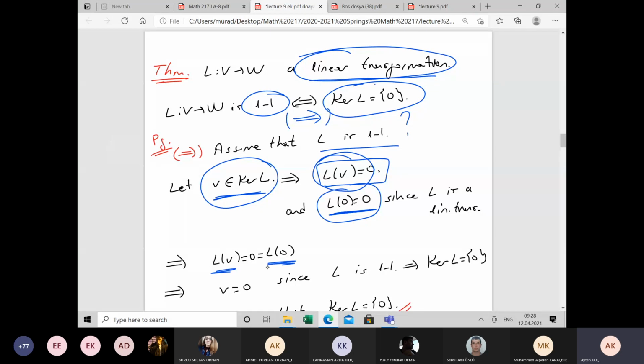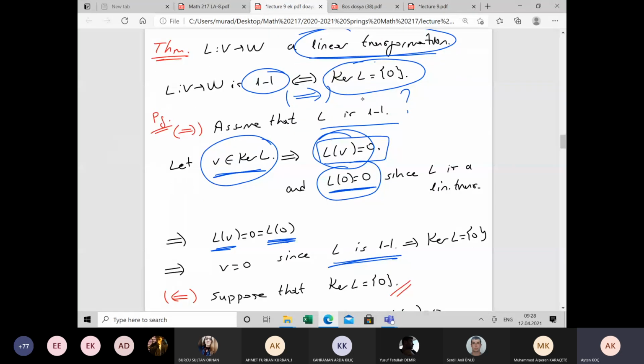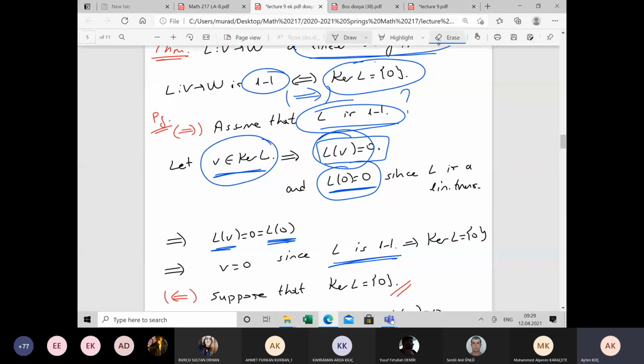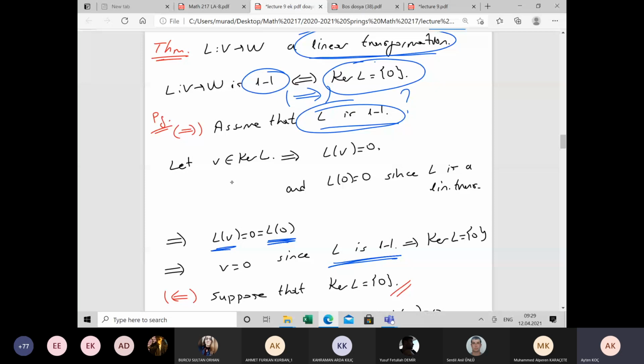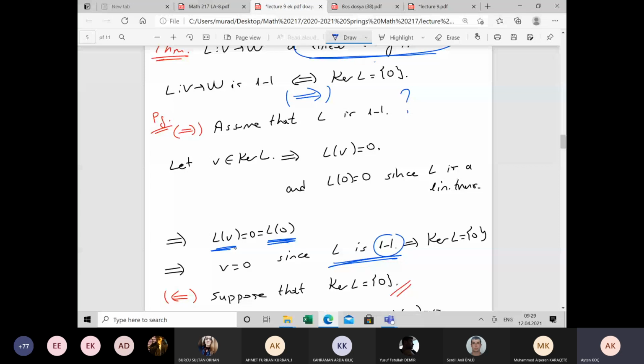So we obtain that V is 0, because L is 1-to-1. For an arbitrary vector in the kernel, V is 0. So the kernel of L is the zero set, with no non-zero vector in the kernel of L.